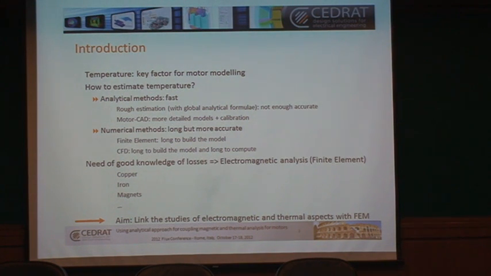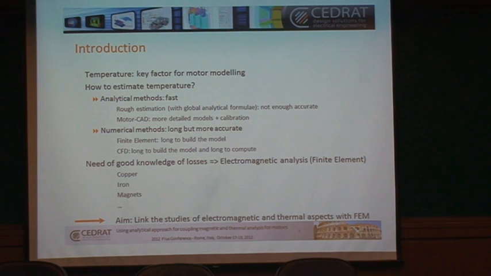The resistance increases with the temperature, and the permeability decreases with the temperature. So we need a very good evaluation of those losses. The idea here is to work together the electromagnetic and the thermal in the FEM, but in an elegant, quick way.